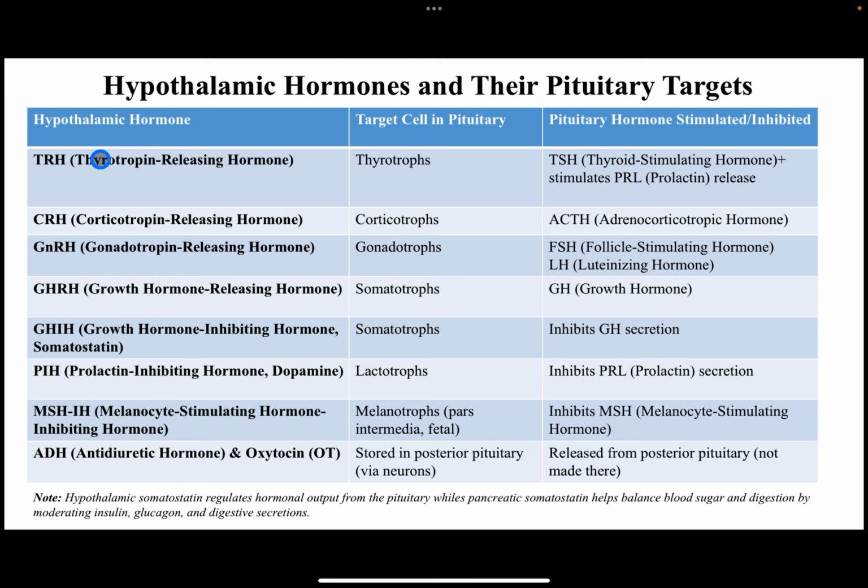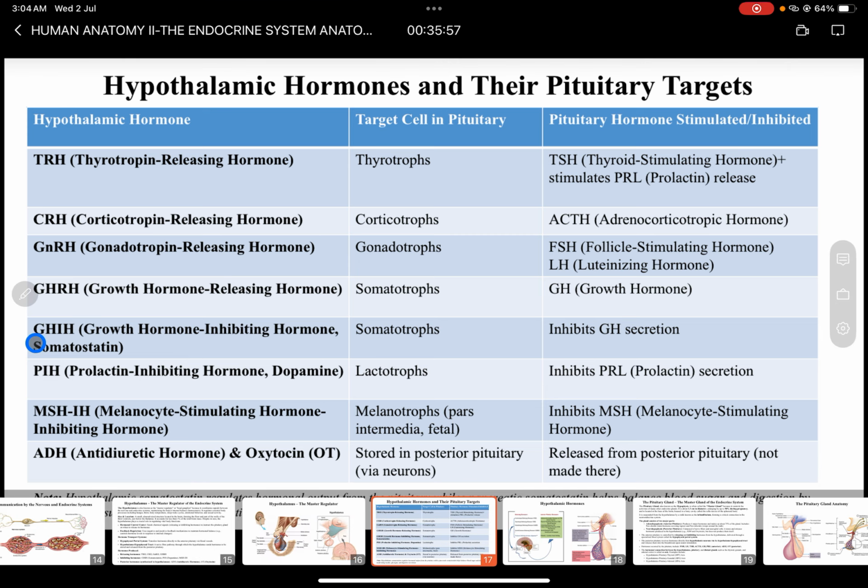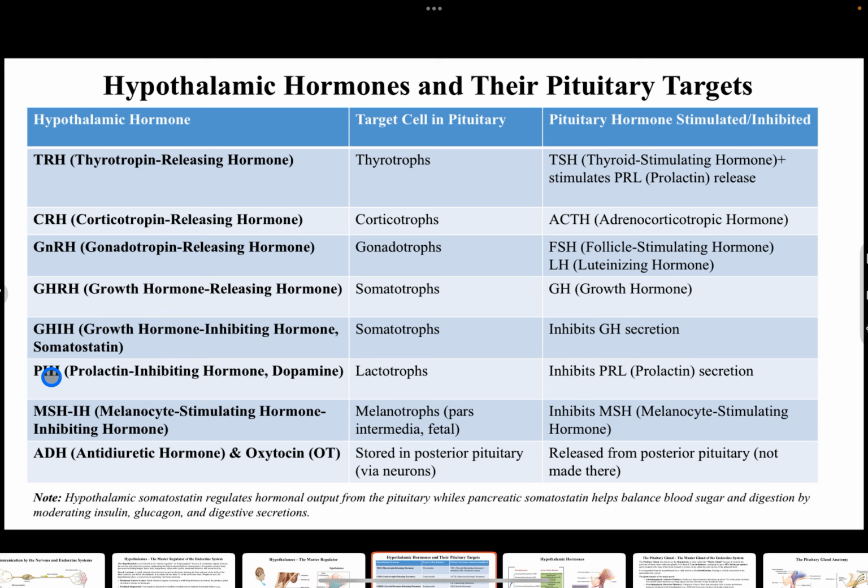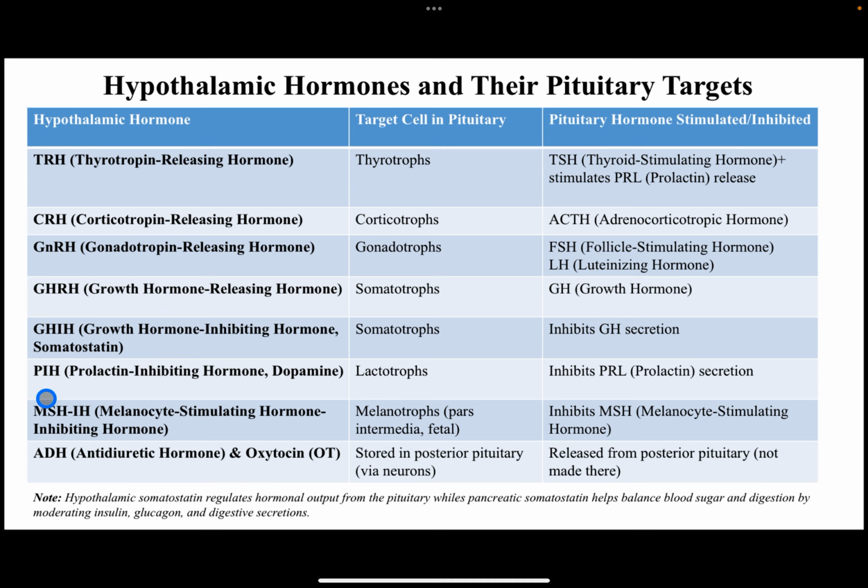All these hormones are produced in the hypothalamus, including antidiuretic hormone and oxytocin. Just that these ones are stored in the hypothalamus: thyrotropin releasing hormone, corticotropin releasing hormone, gonadotropin releasing hormone, growth hormone releasing hormone, growth hormone inhibiting hormone, prolactin inhibiting hormone, melanocyte stimulating hormone.